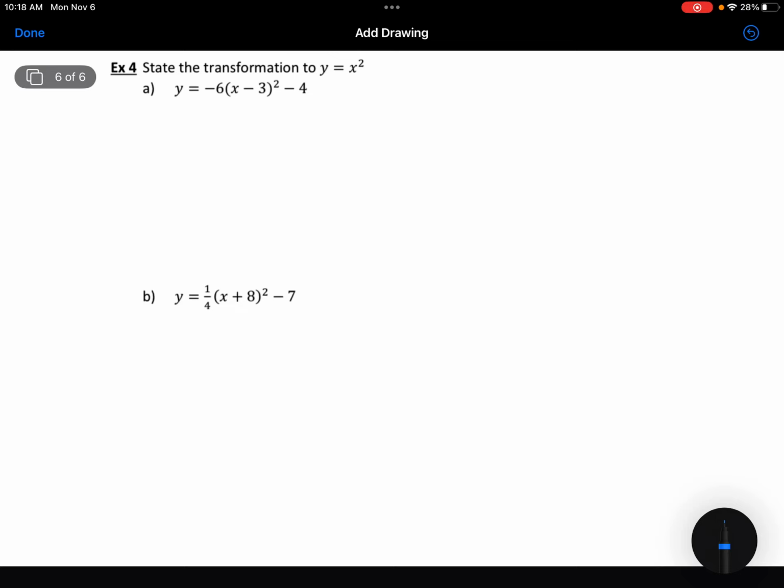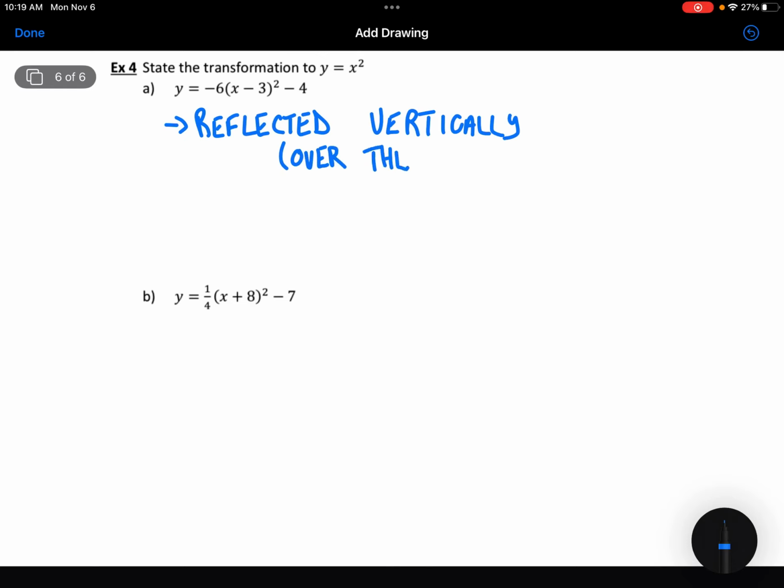We've got state the transformations. So we're always going to state transformations in the order of bed mass. So multiplication first, and then adding and subtracting. So this is reflected vertically, or you could say over the x-axis.